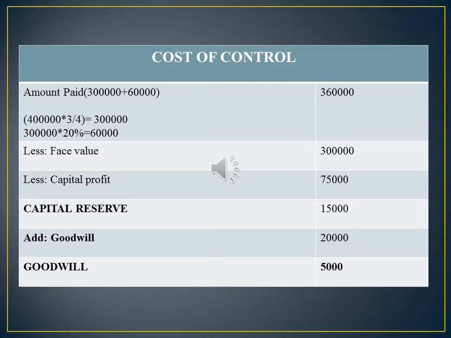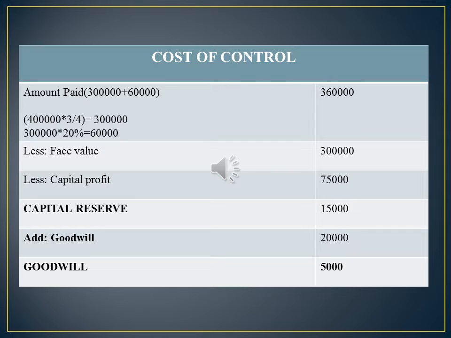While calculating cost of control, the amount paid is calculated as usual, and here it is the difference of premium. 20% is the premium which is paid by the holding company for acquiring the shares of the subsidiary. So 3 lakh is acquired by 4 lakh into 3 by 4 as usual, and 60,000 is calculated through 3 lakh into 20% extra premium, then you will get 3 lakh 60,000 rupees.